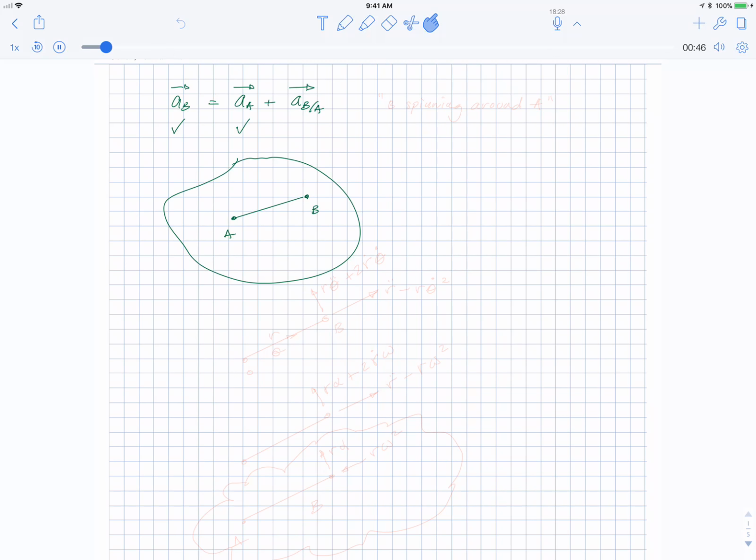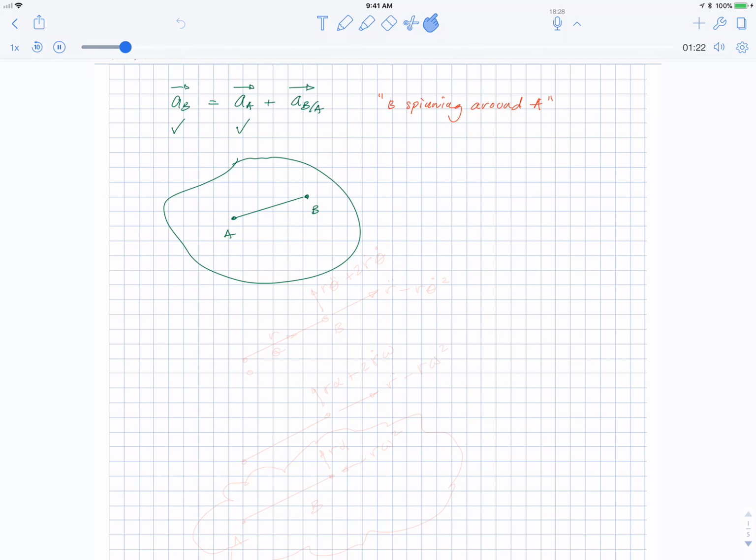So I've told you to interpret that B relative to A on a rigid body means B spinning around A, because it's a rigid body, and so B cannot be getting closer to A. So the only motion relative is B spinning around A. So when you see a of b relative to a, I want you to think B spinning around A. Okay, so that's what I want you to think.